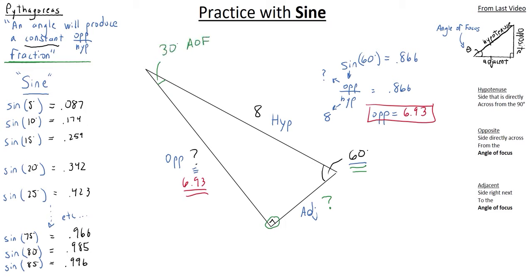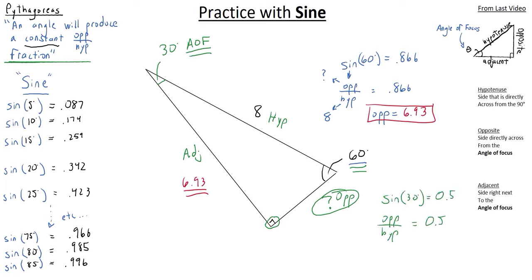So if we choose to make this our angle of focus now, that will change the names of some of our sides. Of course, the hypotenuse is the same, but now this side over here, which used to be our adjacent, is now our opposite, and this one over here is adjacent. Of course, we already know it to be 6.93. But now, since we want to know this side here, and this side is now our opposite, we can do sine of 30.